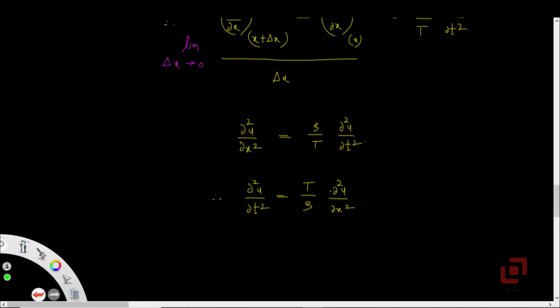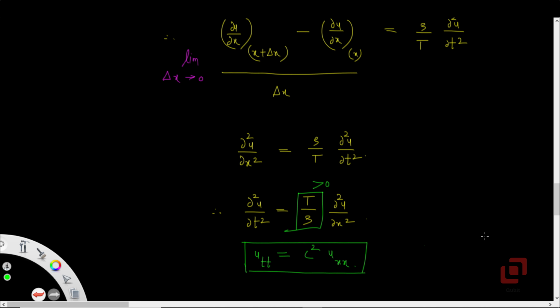To signify that this constant is something which is greater than 0 or positive, we replace it by c squared. So that gives us the one-dimensional wave equation, partial squared u by partial t squared equal to c squared into partial squared u by partial x squared.